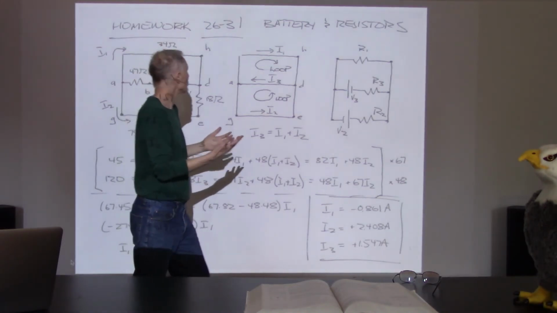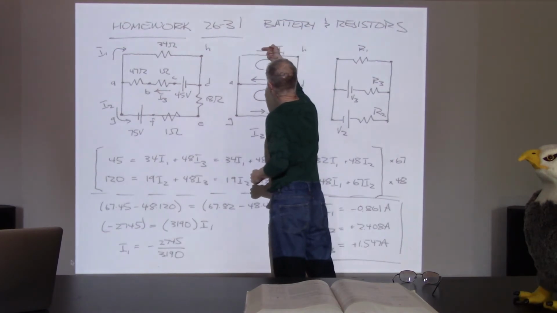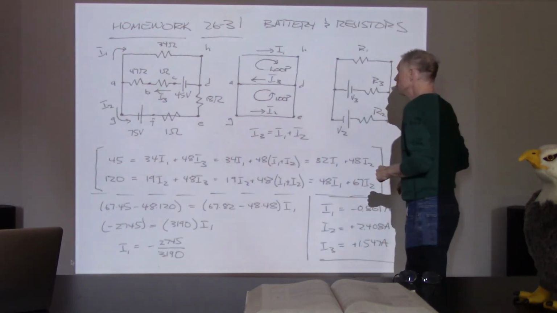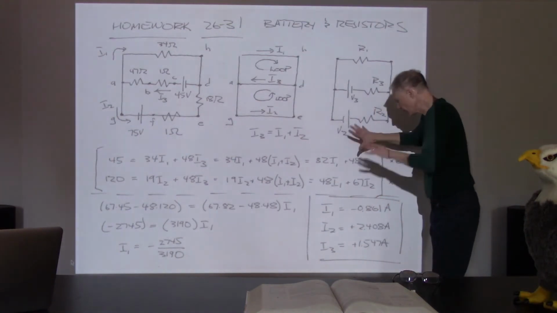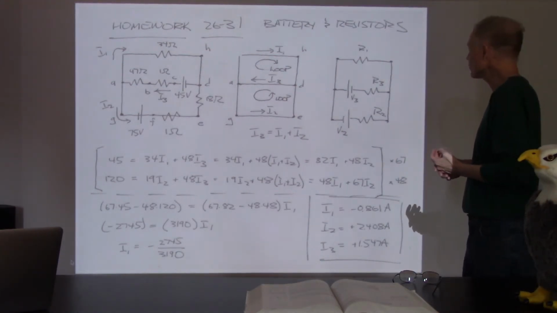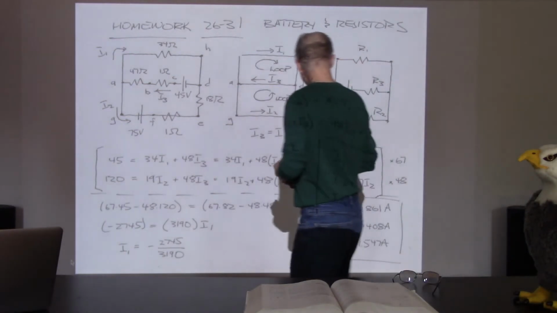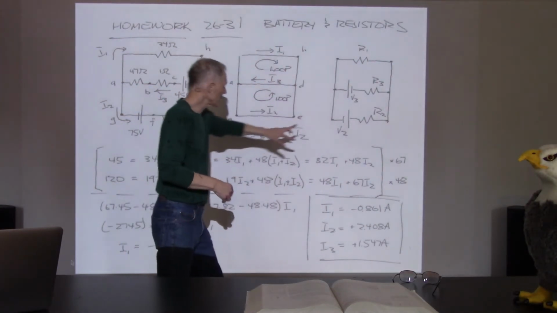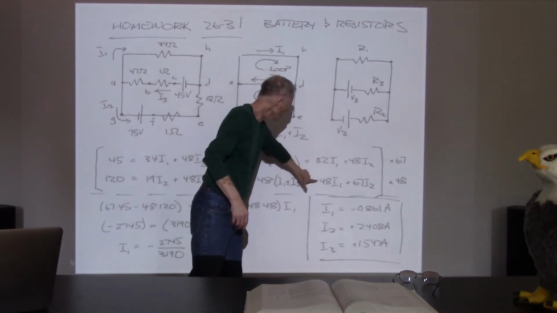So what we could do is change the direction of I1, say I1's actually going this way, and then change the sign here. But I'm just going to leave it as is because they define I1 and I2 and I3, and I'm going to stick with what they have done here. So anyway, that's what we came up with. Now, I can also go back and reverse these, pick some different numbers, pick the 82 and the 48.